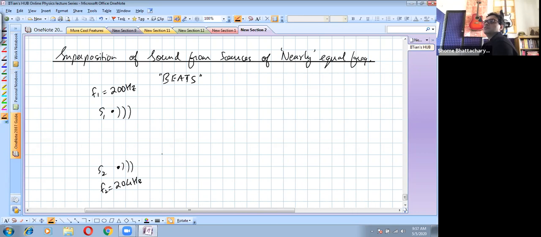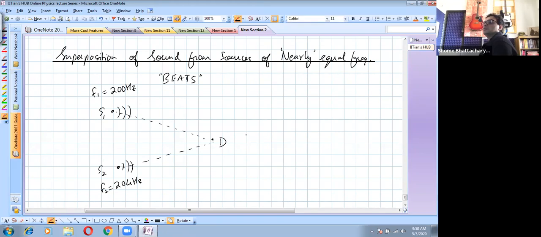So as you know, a detector anyway will experience alternate loud and soft kind of sound, irrespective of what the path difference is. So he will hear 4 beats per second.